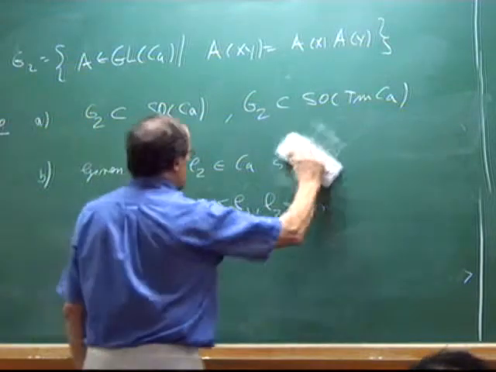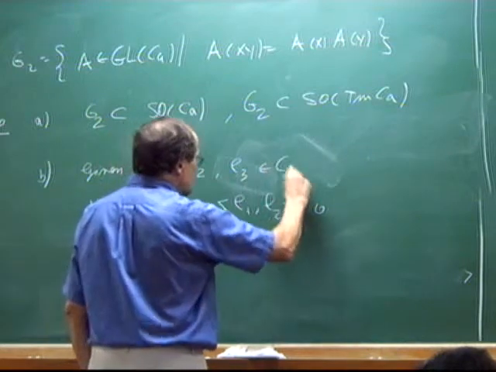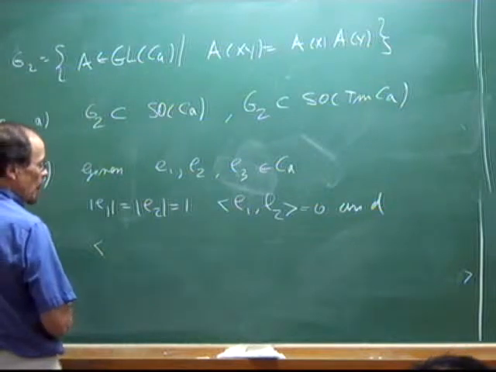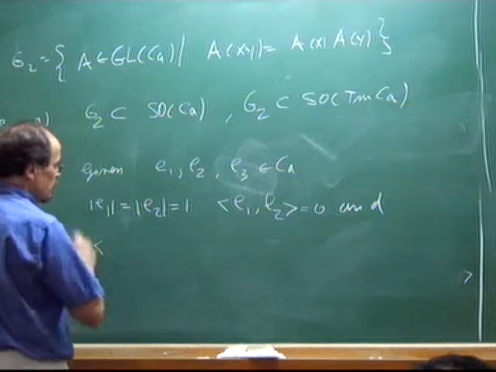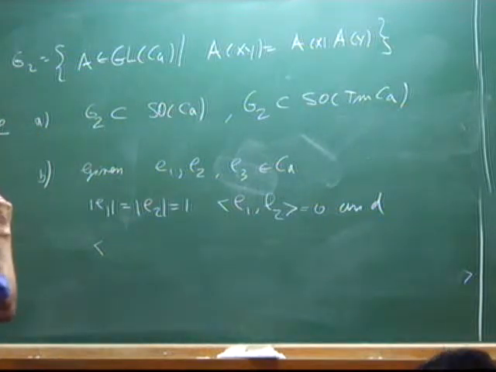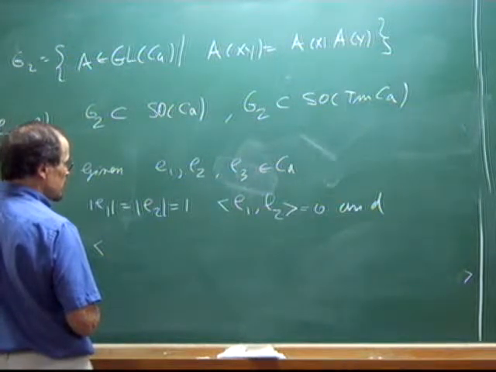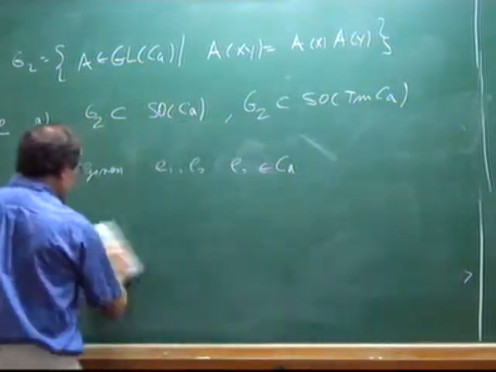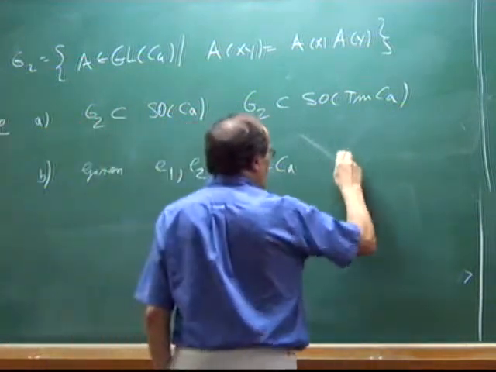let's put a third one in here. So we have 3 Cayley numbers, which are orthonormal.